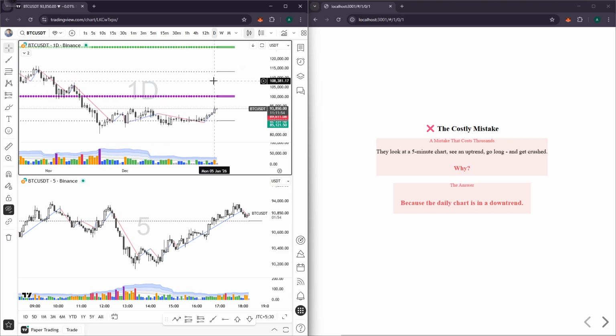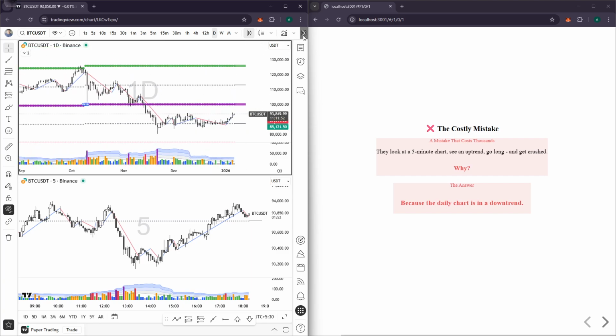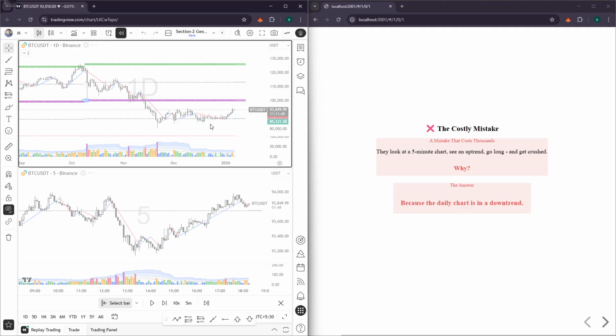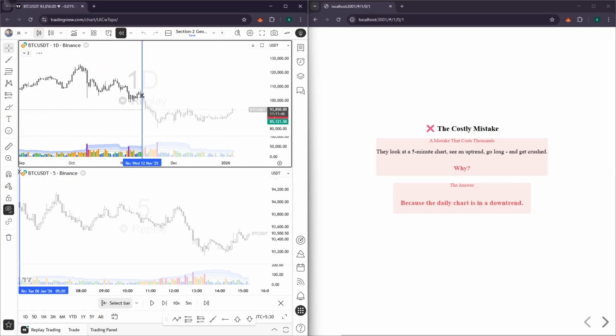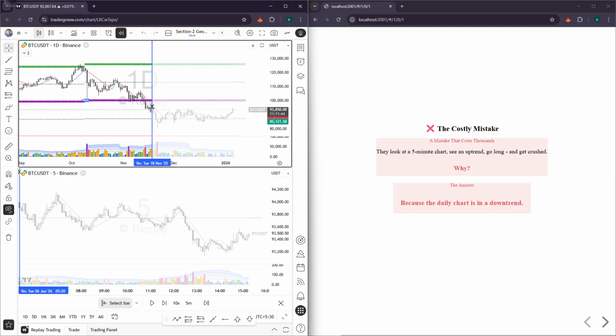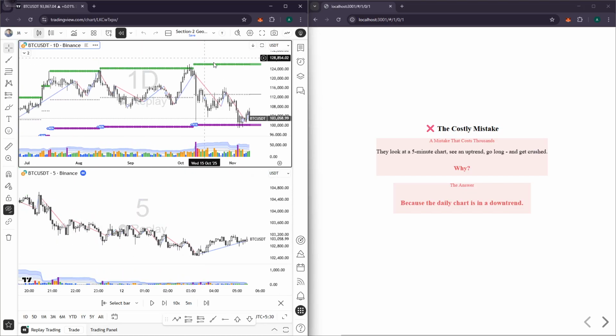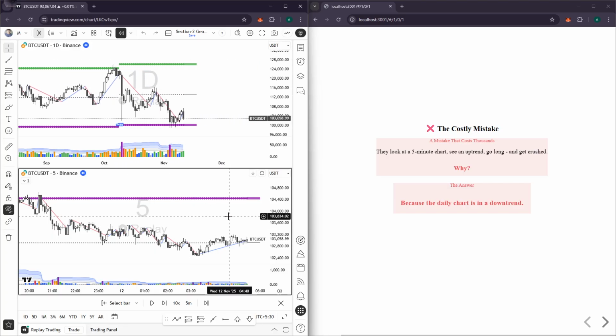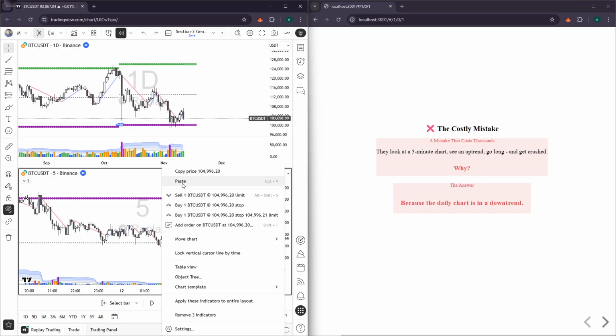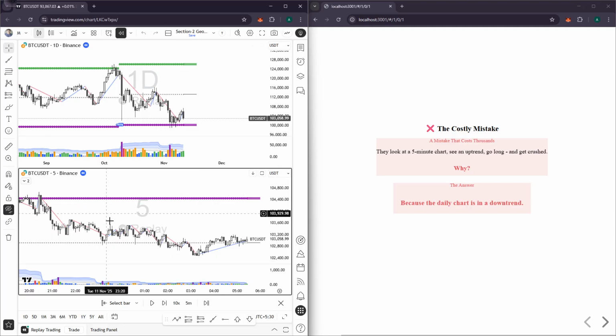We'll do forward testing, so I'll do bar replay. You see this was a downtrending market, because daily was in a down wave. So I'll just stop right there and let's see what happens. We are looking at the 5 minute and 1 day time frames.